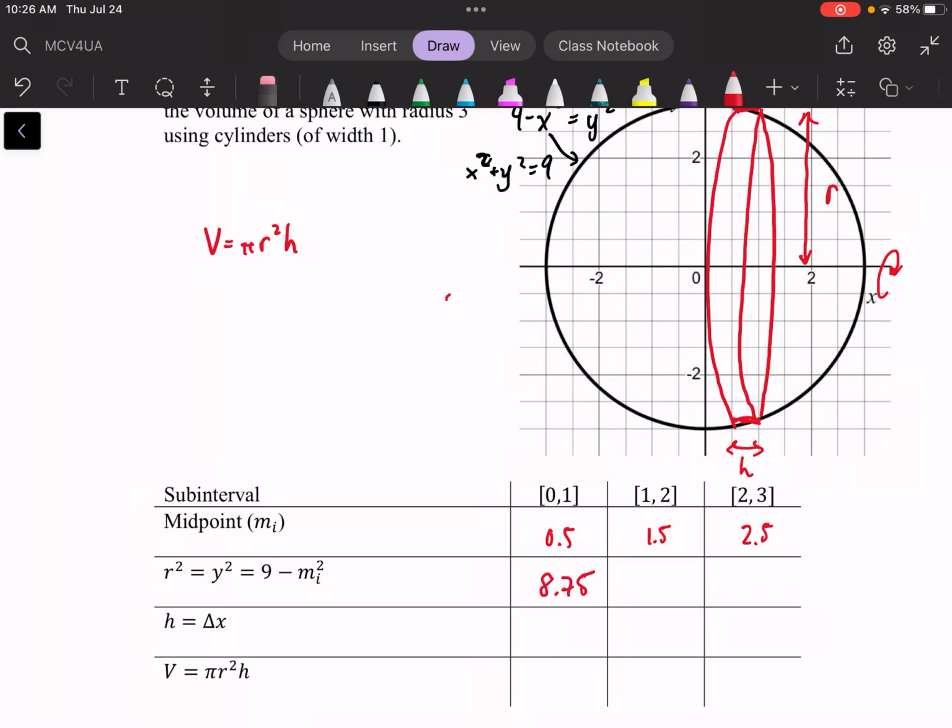Next I'm going to do 9 minus 1.5 squared. That's 6.75. And last but not least, 9 minus 2.5 squared. That's 2.75. Now each of the heights is our change in x values, which is just 1.